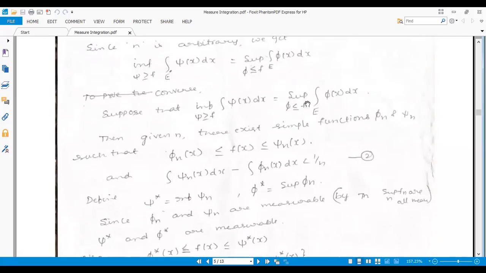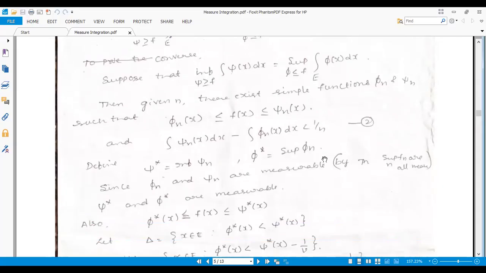So f lies between phi n of x and psi n of x. Then the difference is definitely less than or equal to 1 by n. We can take the infimum of all psi n as psi star, and the supremum of phi n as phi star.